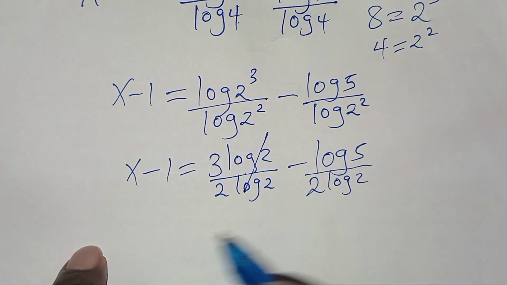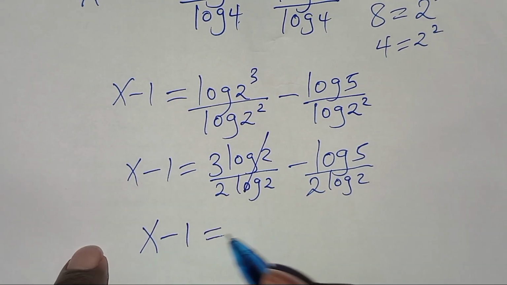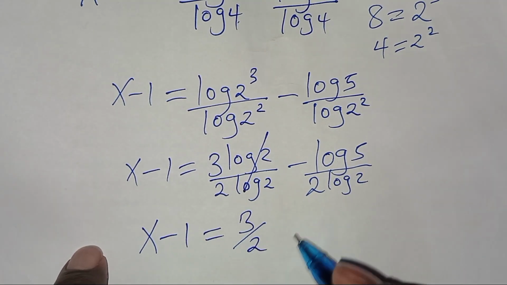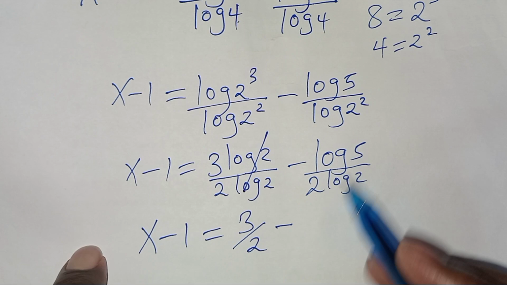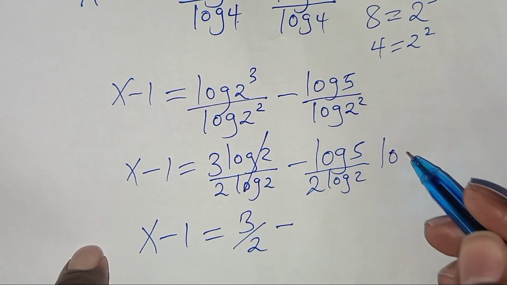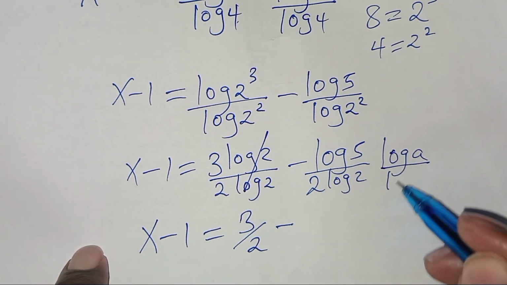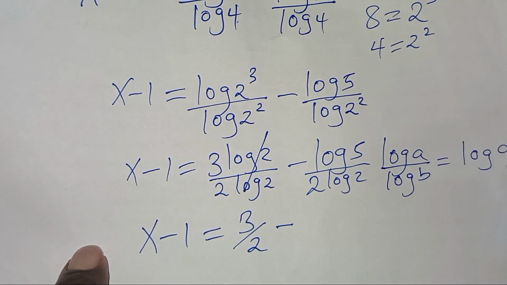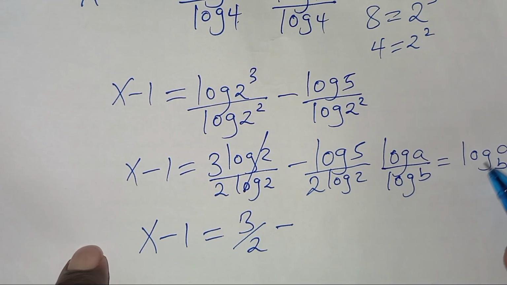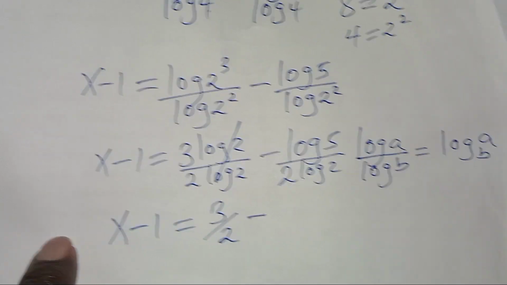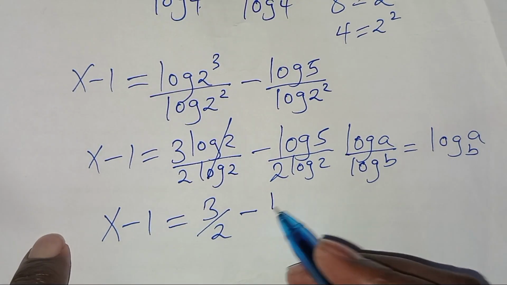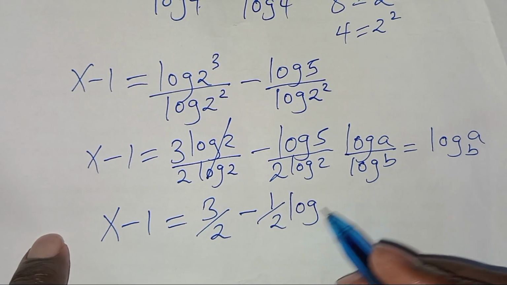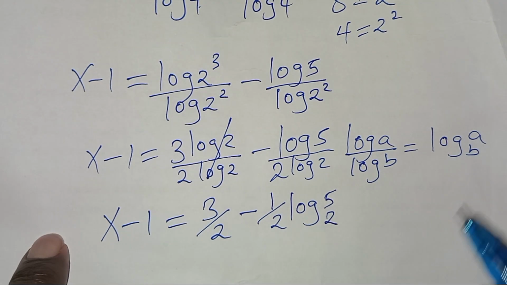Log 2 and log 2 simplify so that we'll have x minus 1 equal to 3 over 2, subtract log 5 divided by log 2, which is in the form of log a divided by log b, which we can express as log a to base b. Applying this property, we'll have log 5 to base 2.